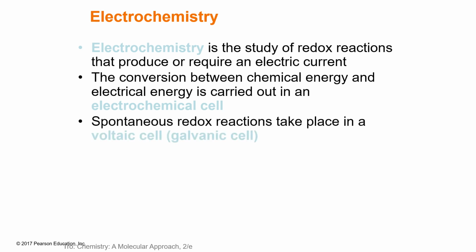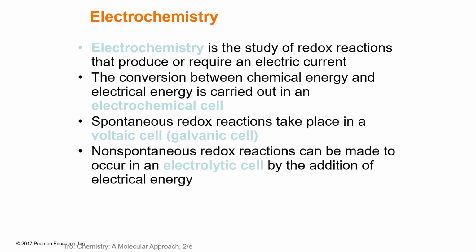If they're spontaneous, we call that particular cell a galvanic cell or also a voltaic cell. Both of those words get used interchangeably. If it is non-spontaneous, we have to apply an electrical current in order to make the reaction happen, and that is in an electrolytic cell.